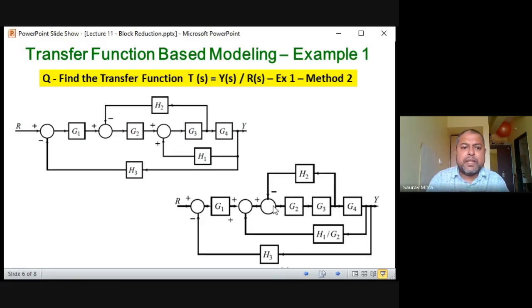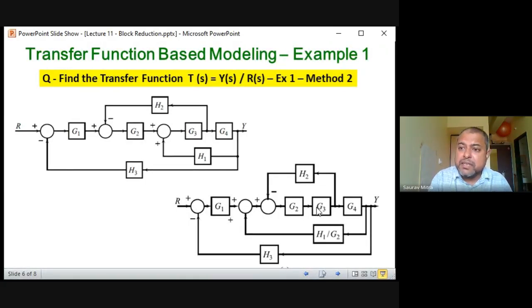So the first step is shifting G2 to the right of SP3, and the second is swapping the positions of SP3 and SP2. Then you get this diagram, and now you can check that no entanglement is there. Why? Because G2, G3 and H2 can be solved very easily. What is that?